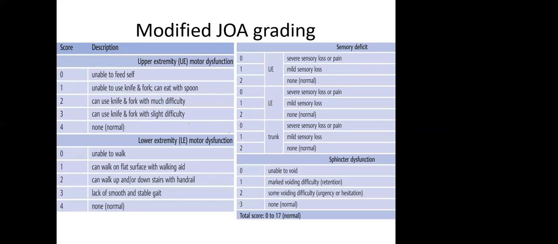And then effort is also made to assess the degree of sphincteric dysfunction. So this will give us a total score of 0 to 17. And this has further been used to grade myelopathy into mild, moderate, and severe. When a patient scores less than 12, the patient is said to have severe myelopathy, while scores 12 to 14 are said to be moderate myelopathy, and a score of 15 and above is said to be mild myelopathy.